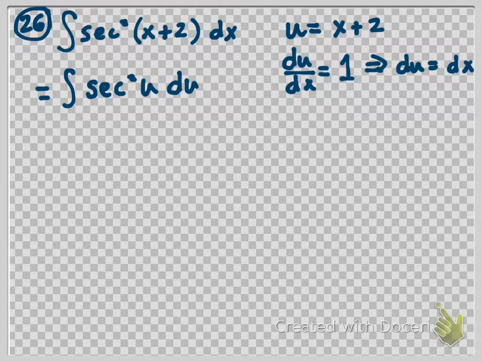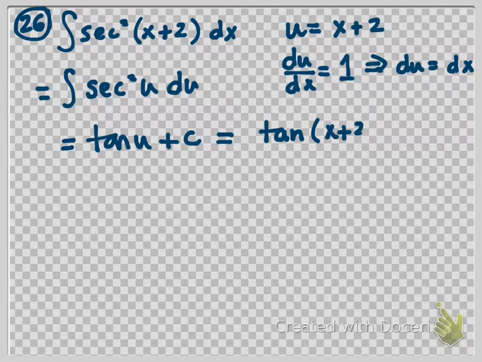Okay? So now we have a rule for that, don't we? What do I take the integral of and get secant squared? Tan u plus c. But that's not my final answer. I'm going to go back and be a polite math student and write that as tangent of x plus 2, plus c, and we're done.